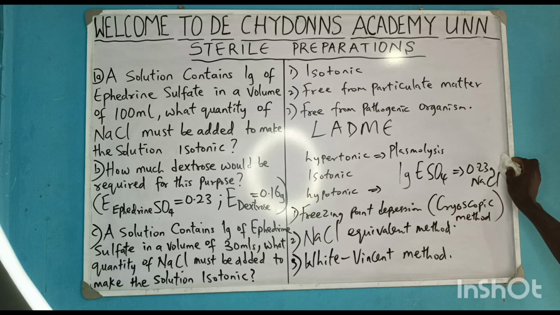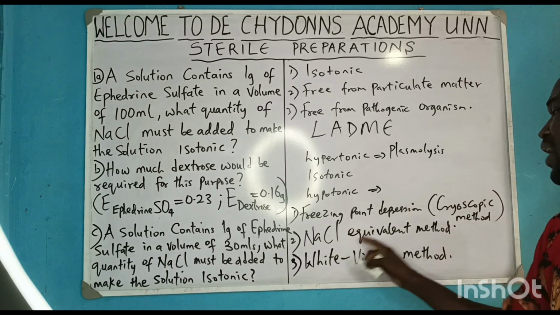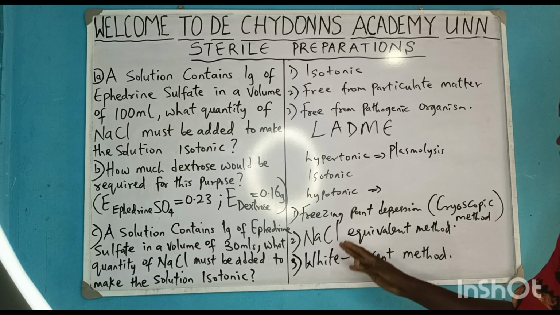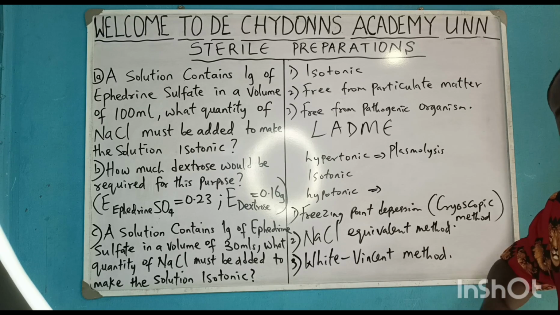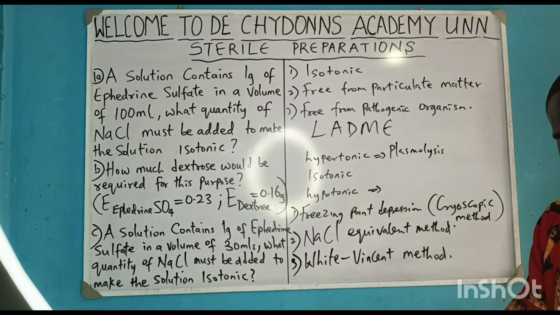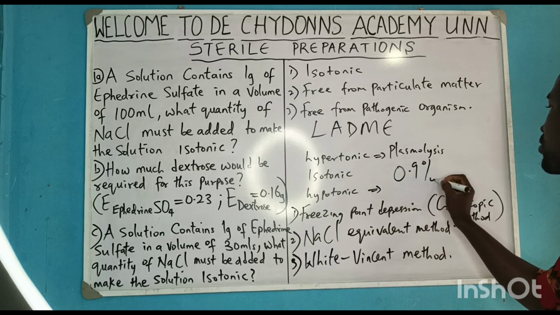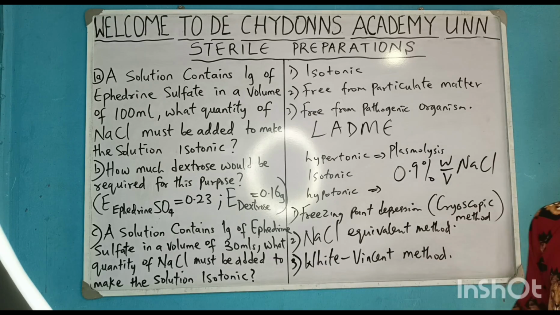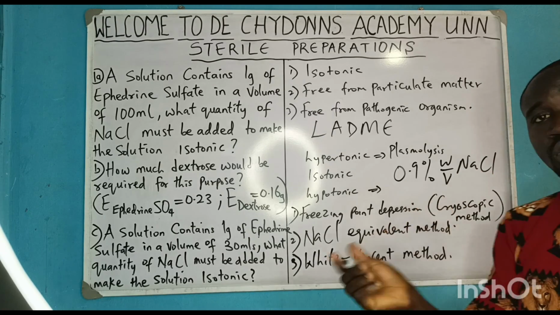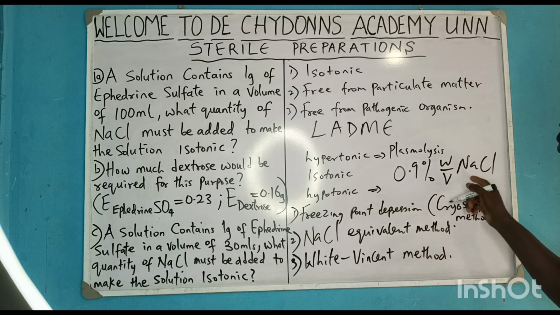So what we are trying to say here is that since we are discussing the sodium chloride equivalent method, it is important to know that our blood fluids, like blood plasma, contain 0.9% weight per volume of sodium chloride.